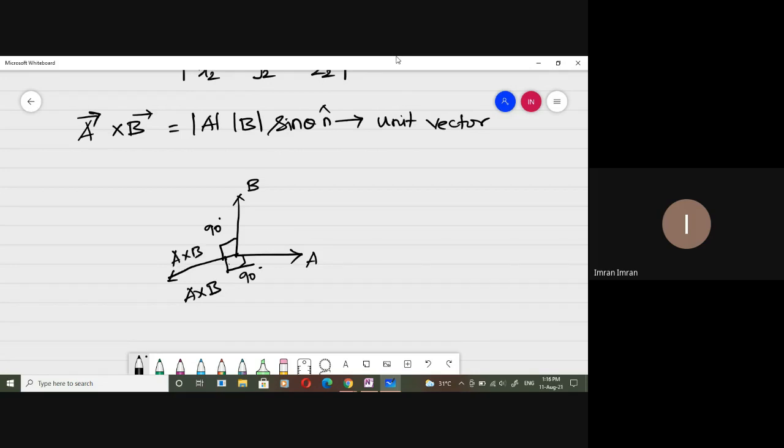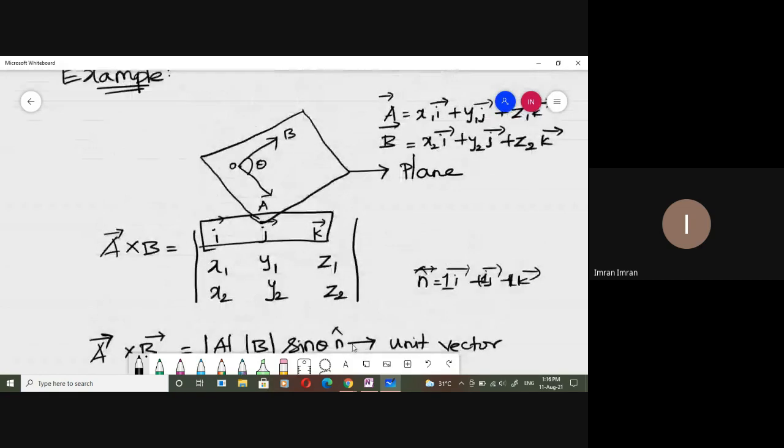That is, in the plane, we get A cross B perpendicular to A and B. This is A cross B, and this is 90 degrees and this is 90 degrees.